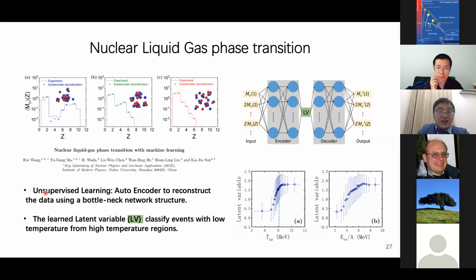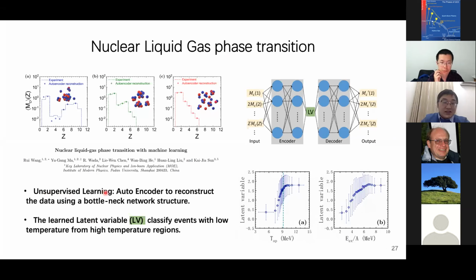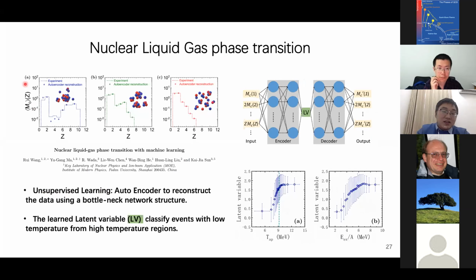It's an unsupervised learning task. The task is to reconstruct the charge weighted multiplicity for different excitation energies. After training, the learned latent variable can classify events from low temperature and high temperature regions. So this latent variable serves as an order parameter of the phase transition. So it's also a very interesting study.